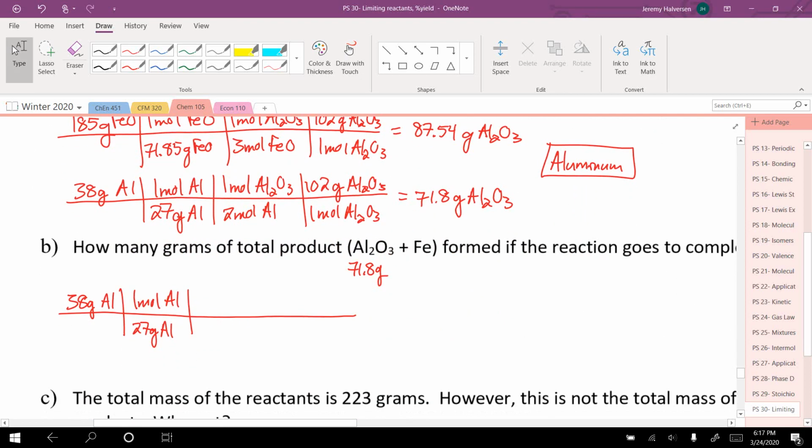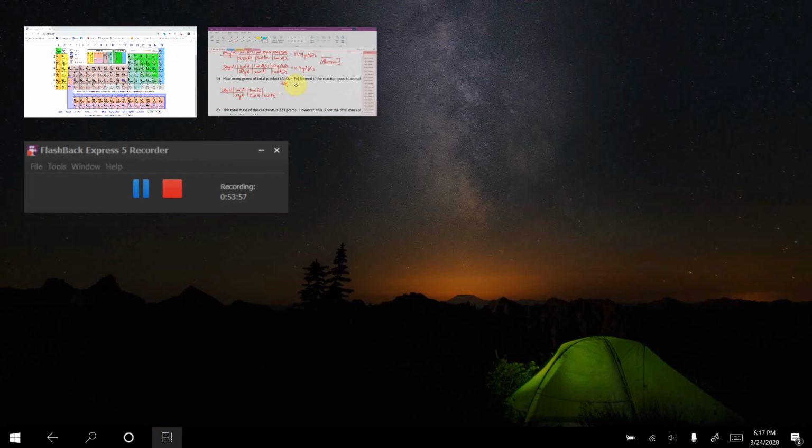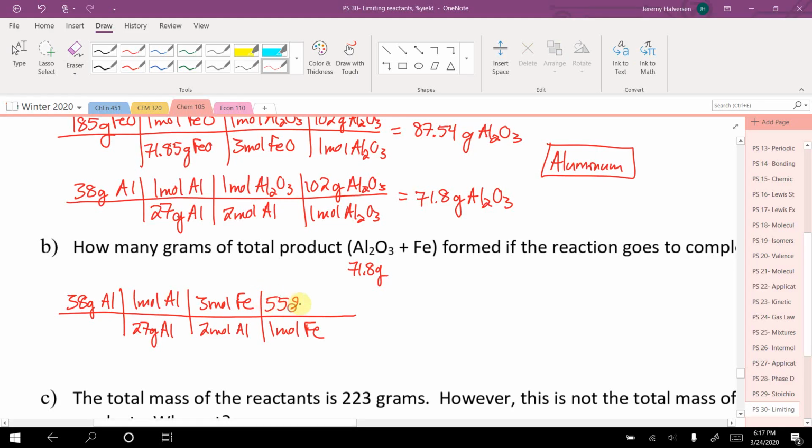That's a 2:3 ratio. And 1 mole of iron is 55.85. So how much iron do I get? 118 grams.